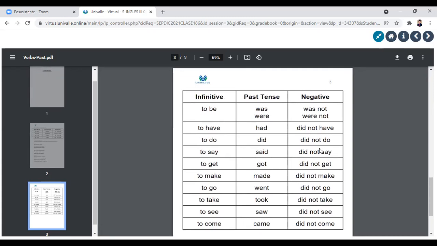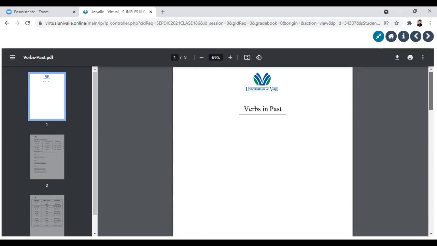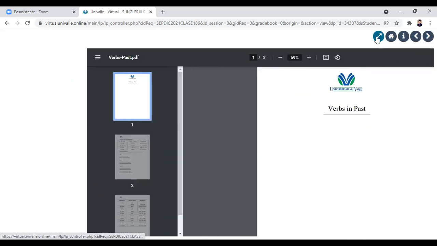To get: got, did not get. To make: made, did not make. To go: went, did not go. To take: took, did not take. To see: saw, did not see. To come: came, did not come. Okay, and those are some common examples that we have with irregular verbs.